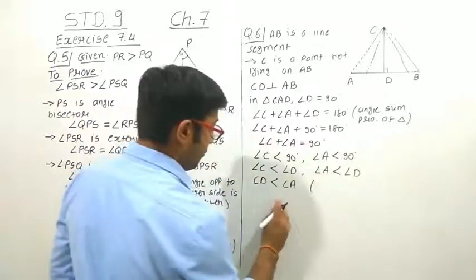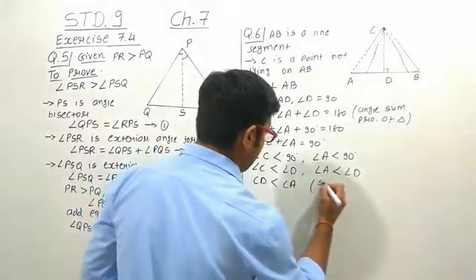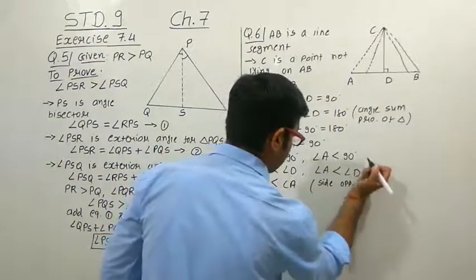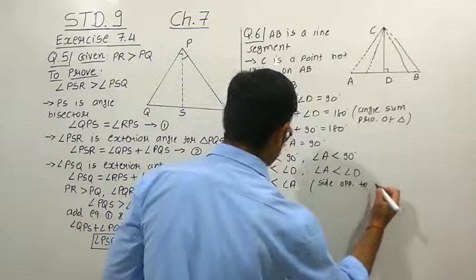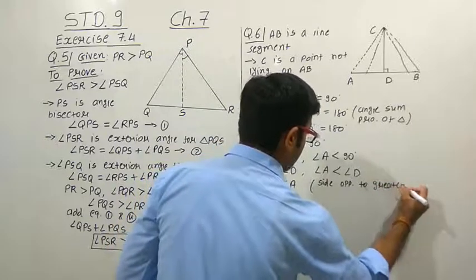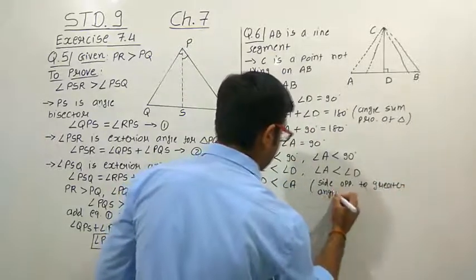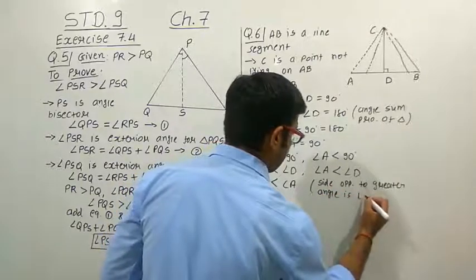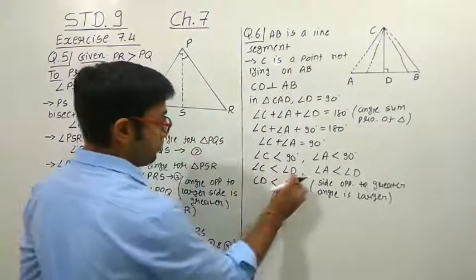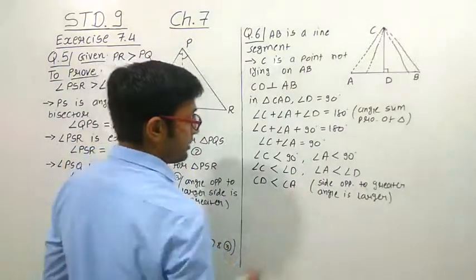According to this, the side opposite to the greater angle is larger. Right? The side opposite to the greater angle is larger.